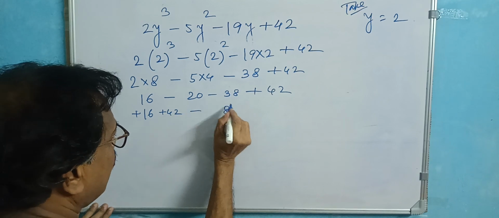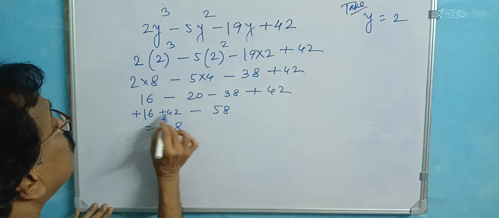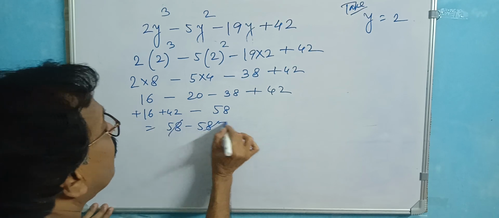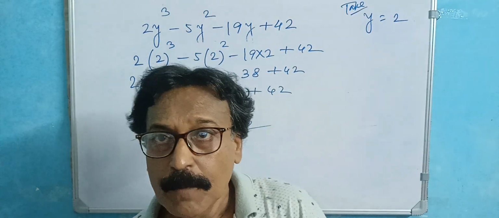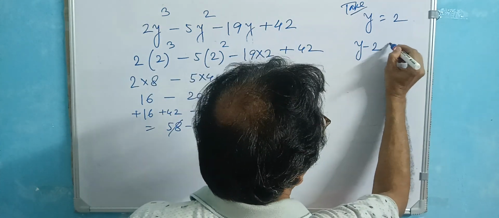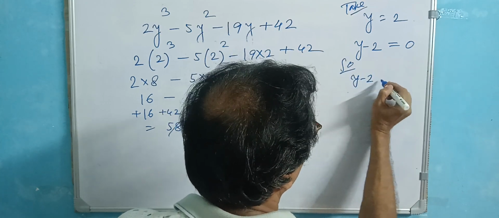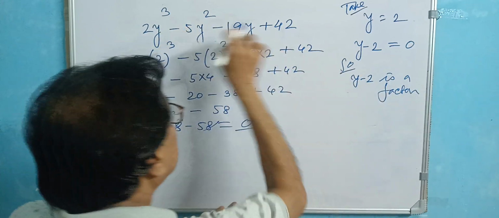So it's cutting. So 0 is coming. If you take y is equal to 2, then 0 is coming. That means y minus 2 is 0. So we write y minus 2 is a factor of this expression.